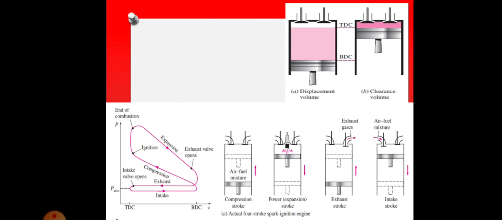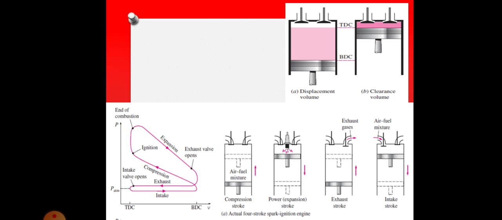If you see the graph plotted between the BDC and TDC, now see in the x-axis you are having TDC, BDC, volume, with the pressure and volume. What happens in the first point? Ignition in the suction stroke. The intake stroke is parallel at the atmosphere, it is taking the exhaust stroke.